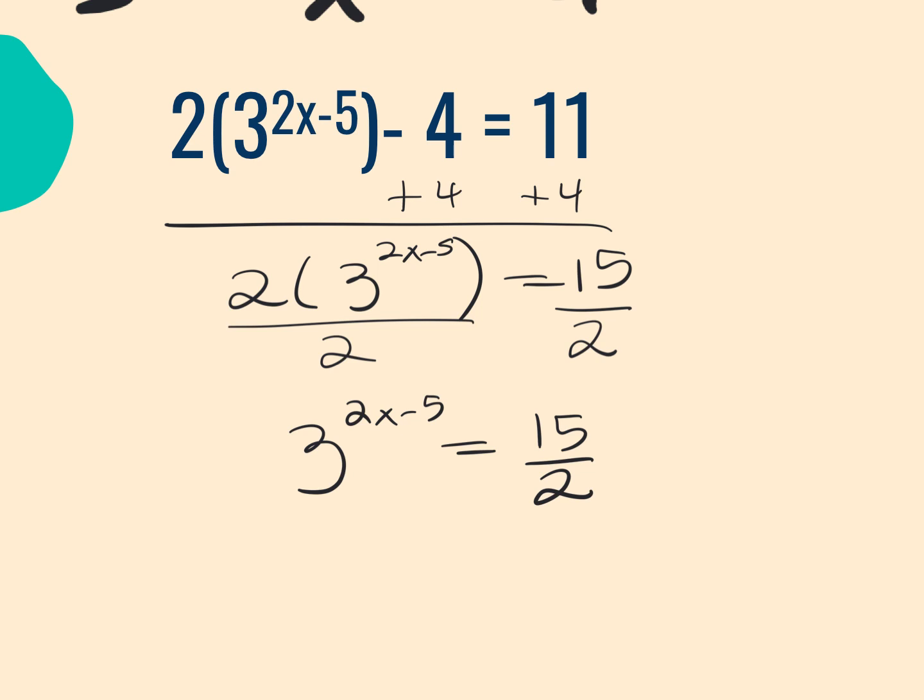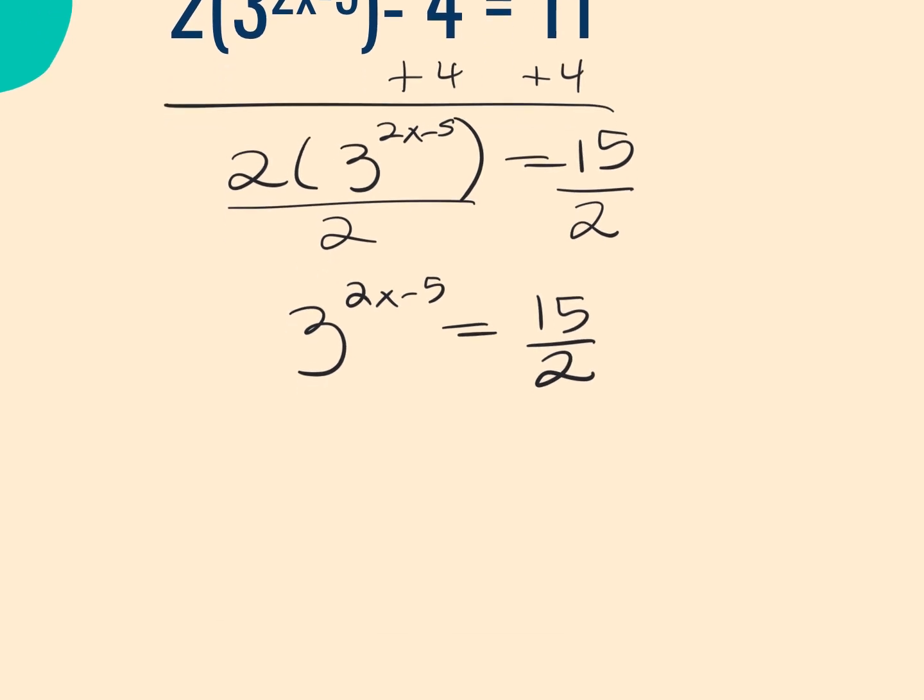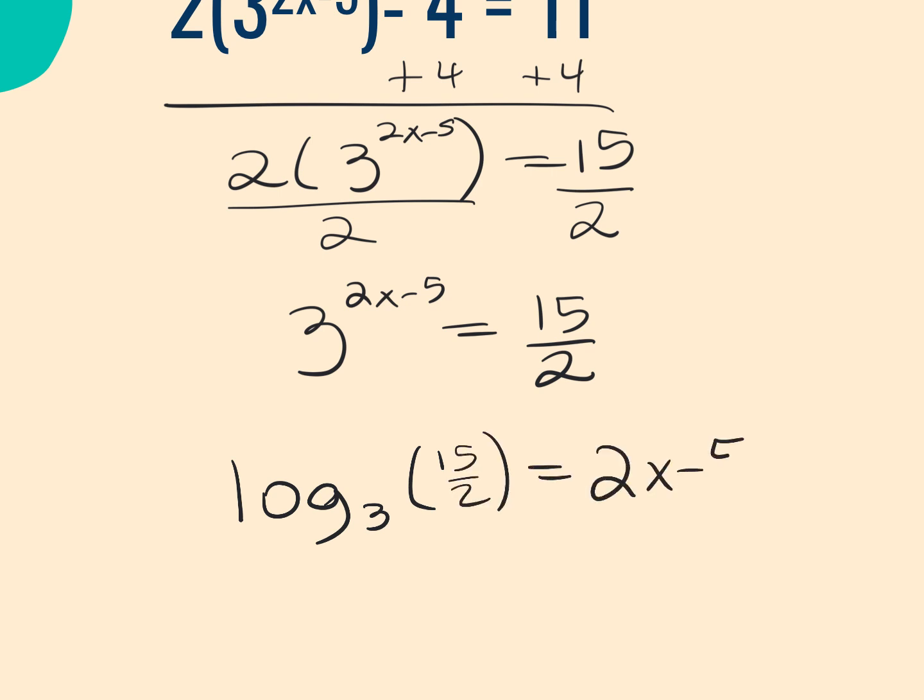And again, it's a calculator question. So this time I don't have a base of e, so I'm going to go ahead and do log. So I'm going to be doing log base 3 of 15 divided by 2 equals 2x minus 5. Now, this part right here is a calculator part.